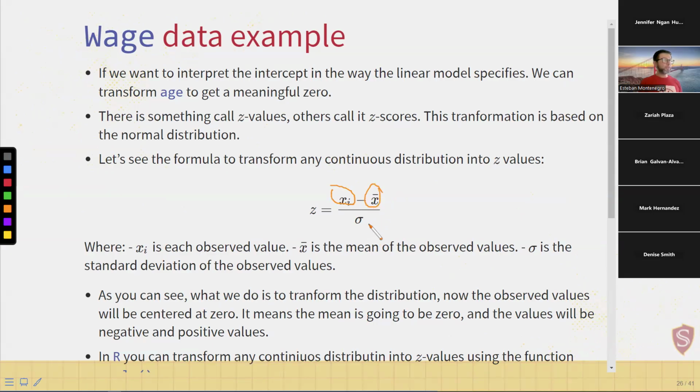After that, we divide that by the standard deviation of the variable that we are interested in transforming, or the column. Remember, we use data frames, and in data frames, each column is a variable. So you take one single cell from your column, subtract the average of that column, and then divide by the standard deviation of that column.